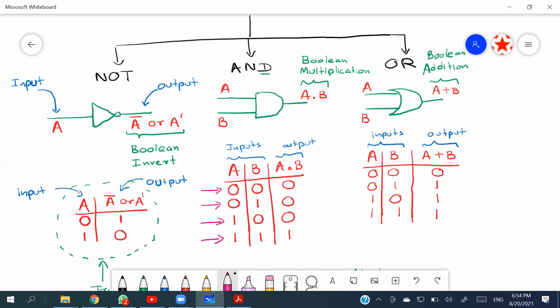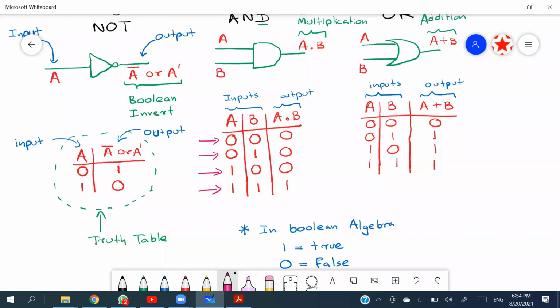It is just a matter of understanding the pattern, right? So can you see there is a pattern in this truth table? The pattern is, if you consider the very first column. Now we got 4 rows.